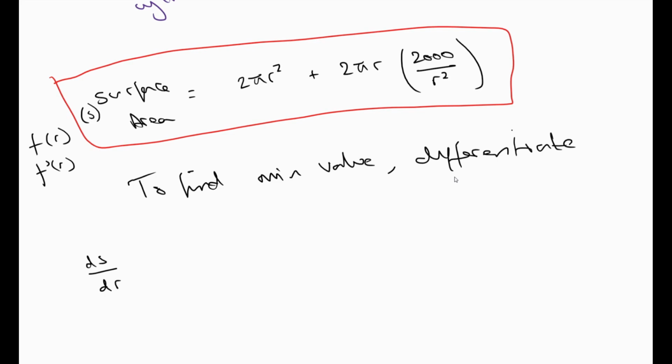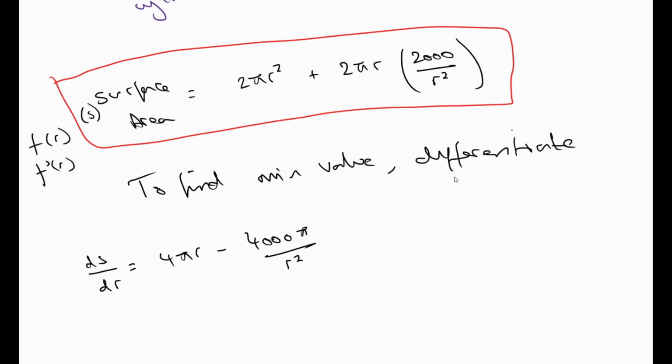Whatever notation is more convenient for you. In this case, I'm going to use ds over dr. And remember, we're using power law, so it's going to be multiplied by the power, take away 1 from the power, so 4 pi r minus 4000 pi over r squared.